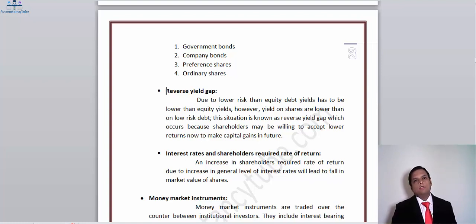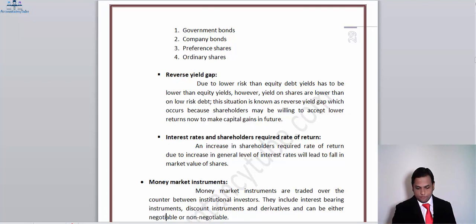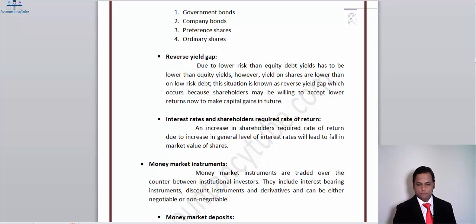Because if that's the phenomenon, then even on low dividends the company's share price continues to increase because of the investors' perspectives and confidence in that company. That's called reverse yield gap.